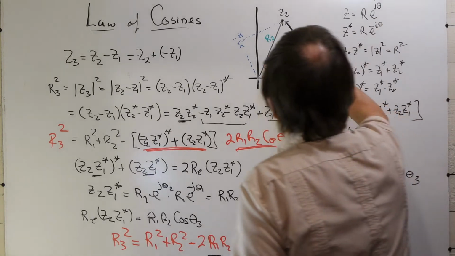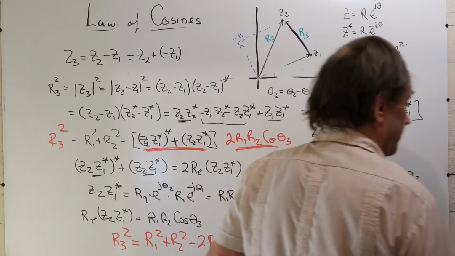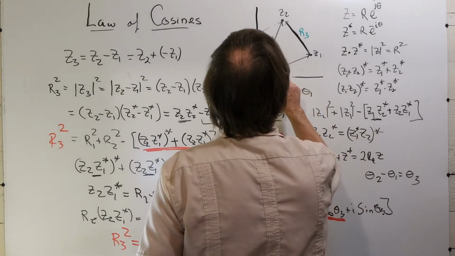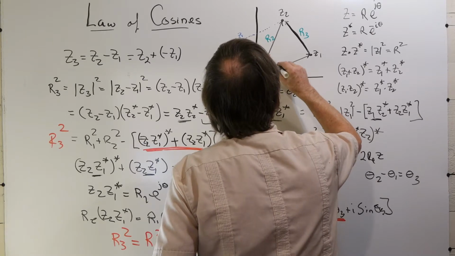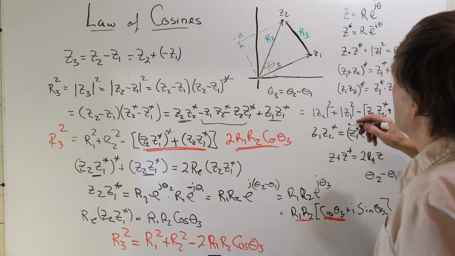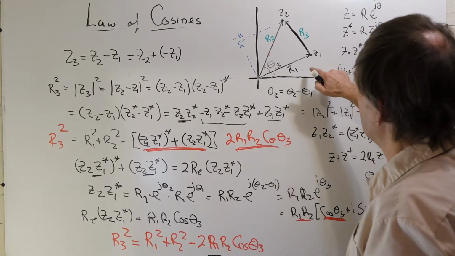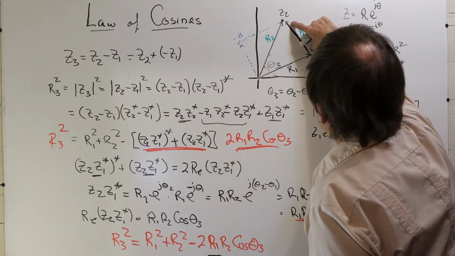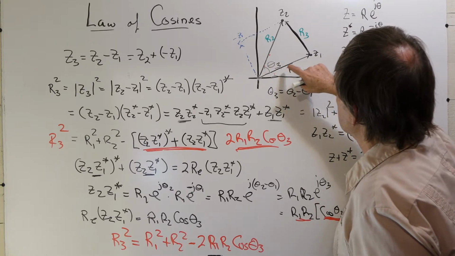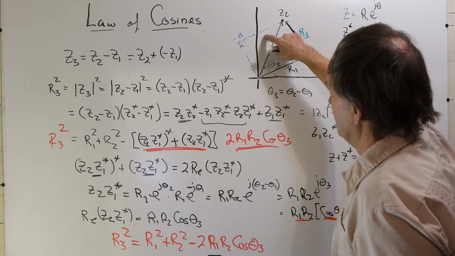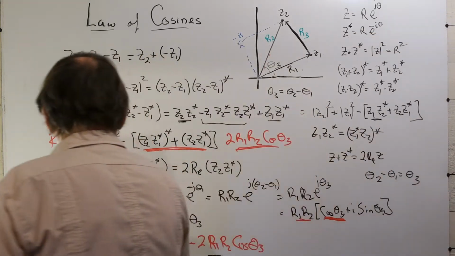So for the law of cosines, what we have is this. The law of cosines tells us that the magnitude of this side squared is the sum of the squares of the other 2 sides minus twice the product of the other 2 sides times the cosine of the angle between them. This is the law of cosines.